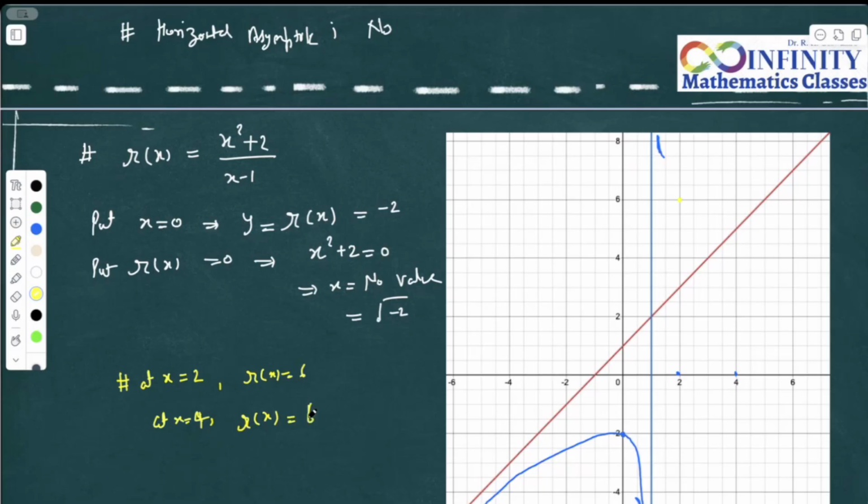4 squared would be 16 plus 2 would be 18, and then 4 minus 1 is 3. So 18 over 3 is 6. And how is this value going to be? 2 squared, that is 4. Just tell me x equals 6 there.